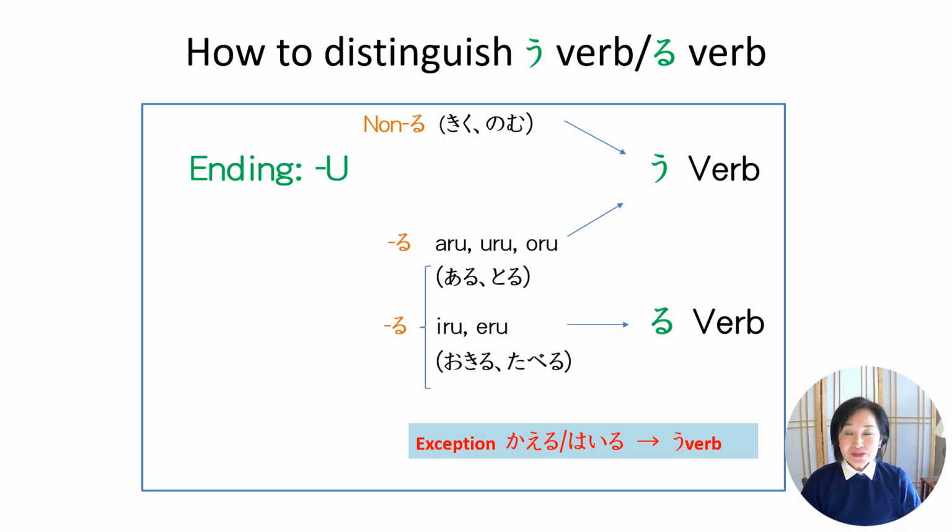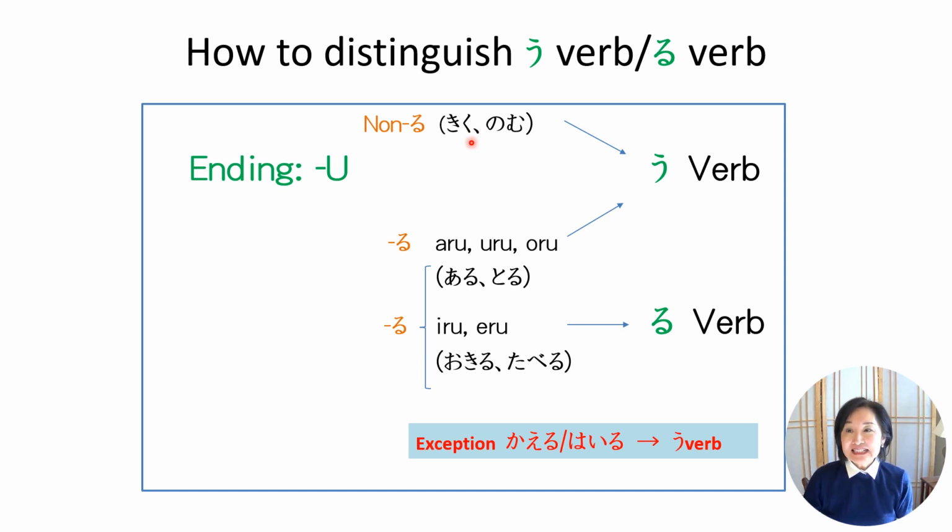Now, how do you do that? Well, there's a way to do it, so I will show you how to do it. If the last hiragana character is not Ru, then they're definitely U verb. For instance, 聞く to listen and 飲む to drink are U verbs as they do not end with the hiragana ru.